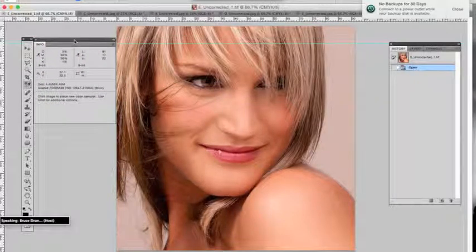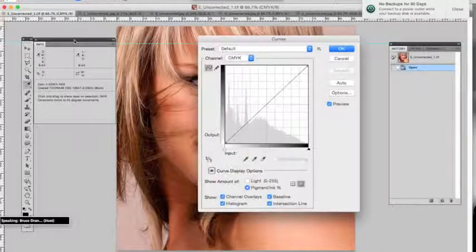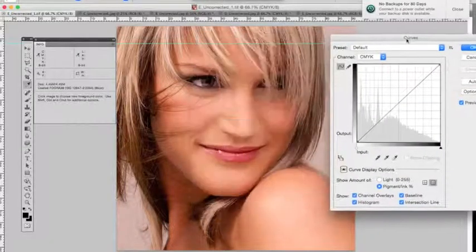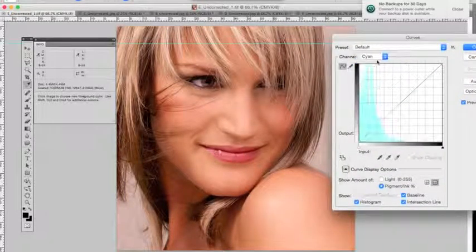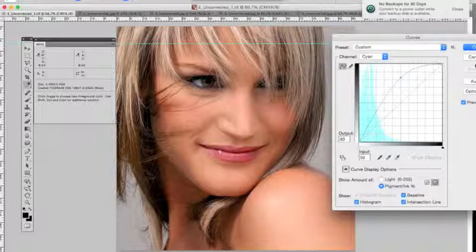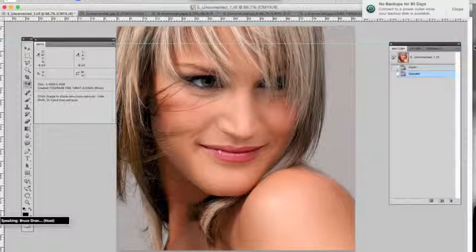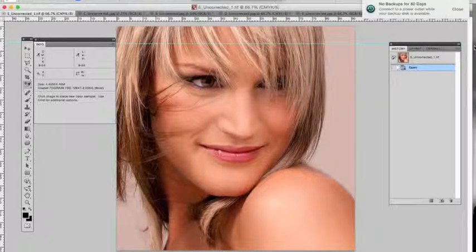Now this is a little bit subjective, but luckily we have real-time feedback, so we want to increase cyan, and as we do, hey presto, we see that our image goes from being very unnatural.